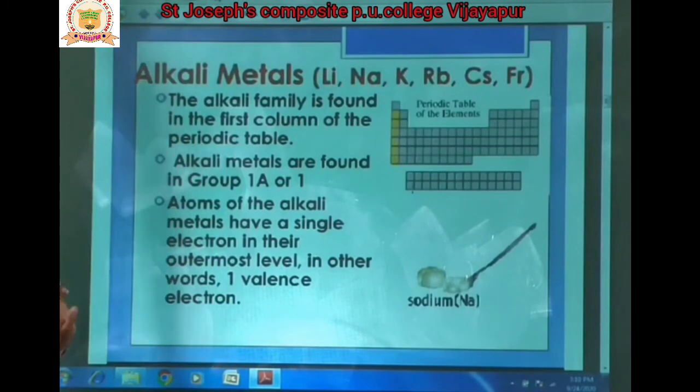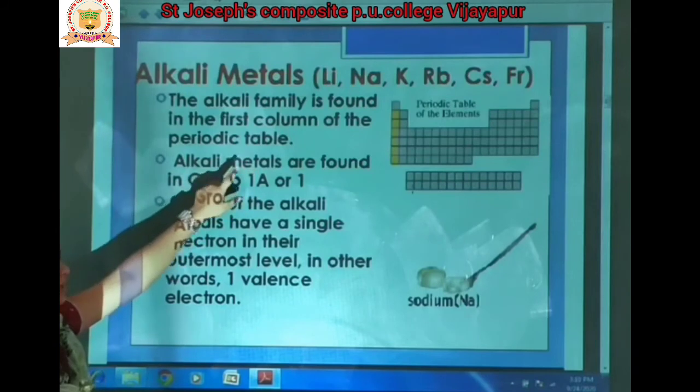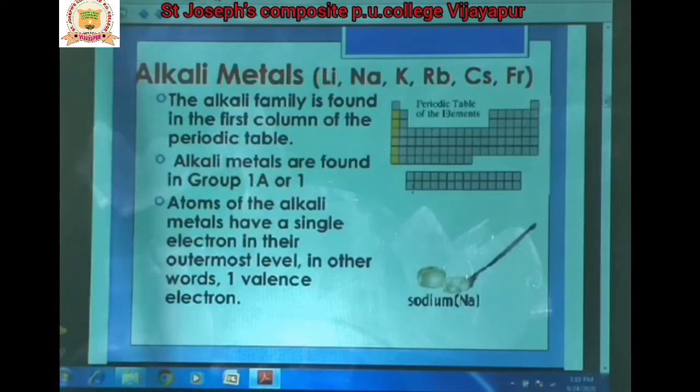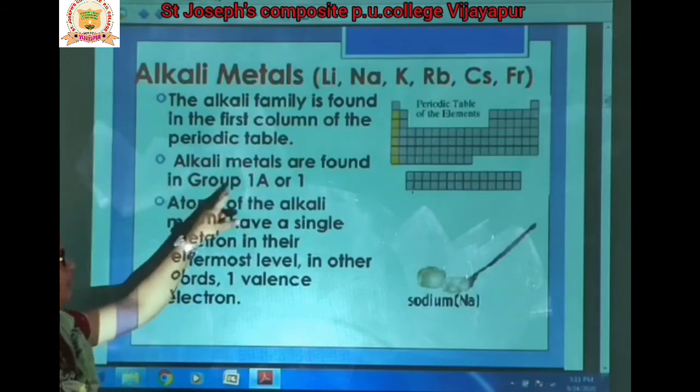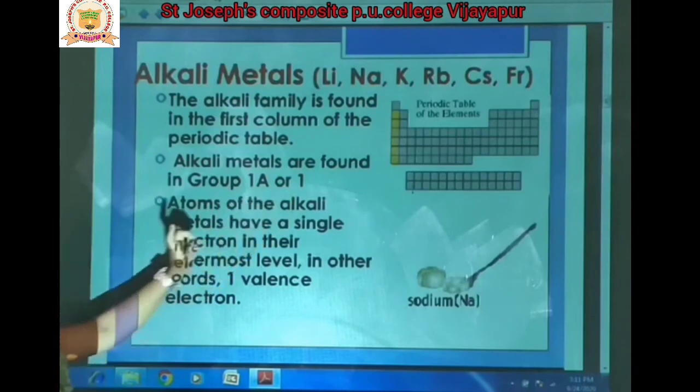The alkali family is found in the first column of the periodic table. These alkali metals are found in group 1A, or we call it simply group 1.